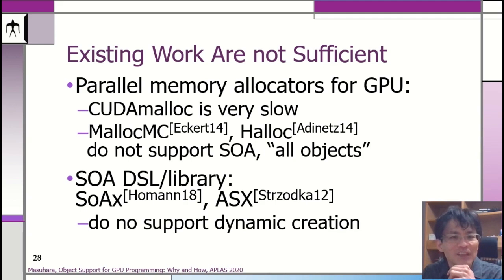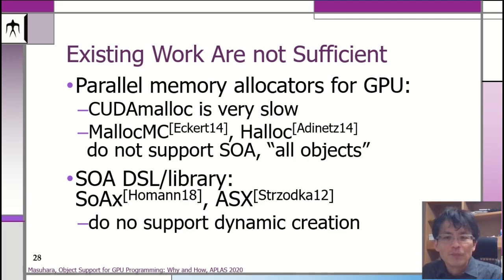The other allocators, called malloc-mc and halloc, do fast, efficient memory allocation, but they do not support structure of array layout and also the access to all objects.